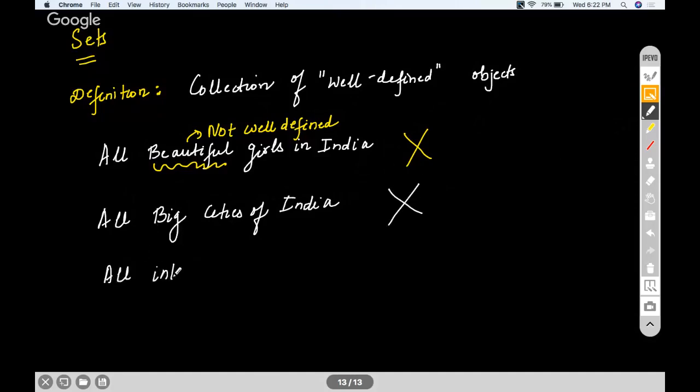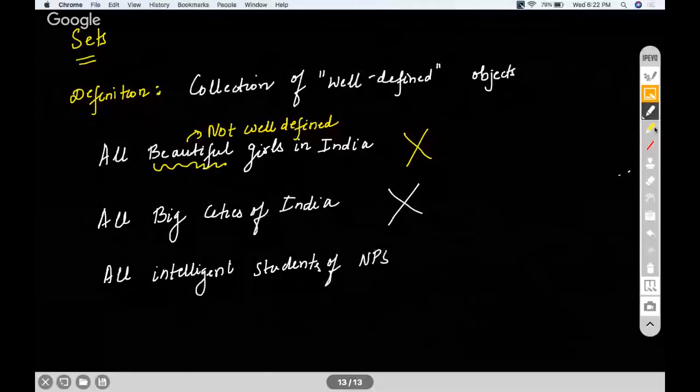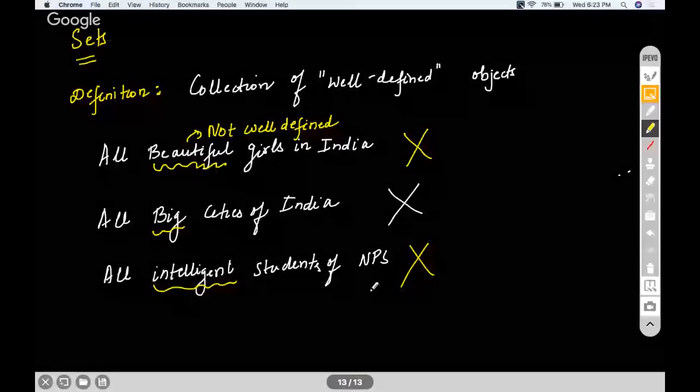All intelligent students of NPS. Is this a set or not? No. Again, the word big, the word intelligent, they are not well defined. Are you getting this point? So when such collections of objects are given to you, you have to tell it is not a set, right?